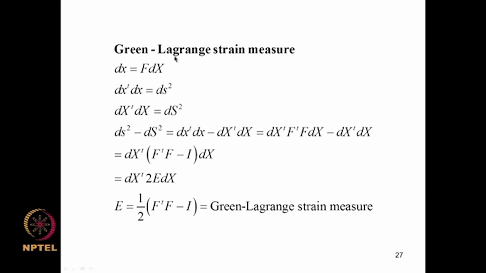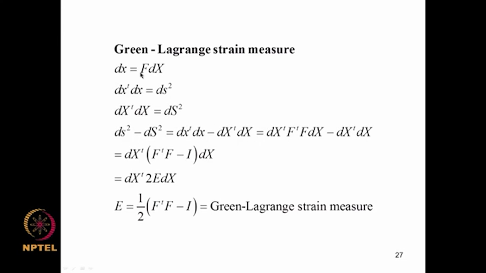We have seen this earlier, but in a slightly different notation. dx is F into dX, and therefore, length of an element ds square is dx transpose dx. This is in the deformed configuration, and in the original configuration it is this. So, the change in square of the length is ds square minus dS square, and this I can write in this form.